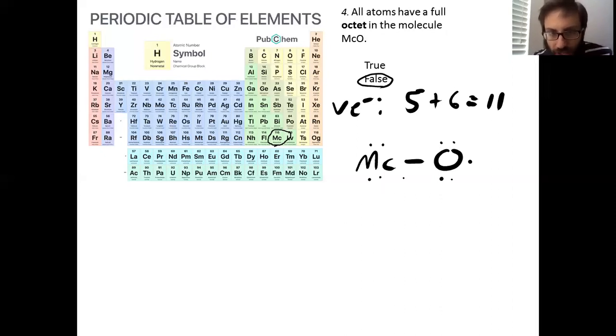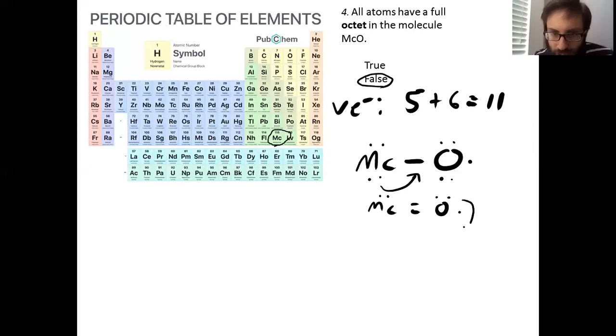We're going to have to start making multiple bonds here. So we're going to have to bring in this lone pair to at least get us into a better situation. And you can see this still isn't going to satisfy the octet. So 2, 4, 6 for moscovium, 2, 4, 6, 7 for oxygen.